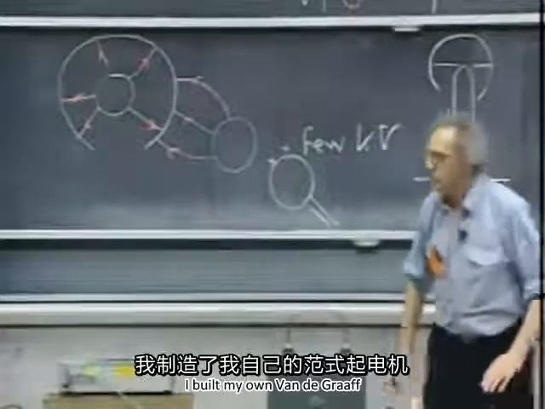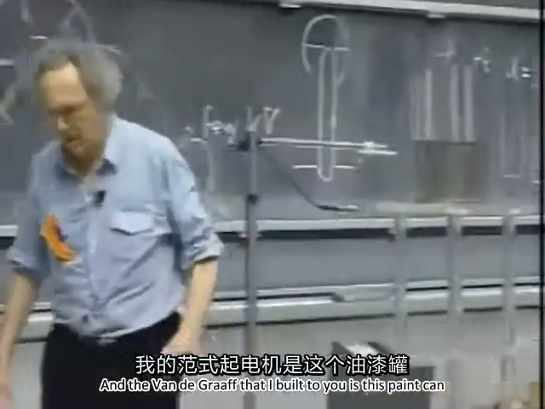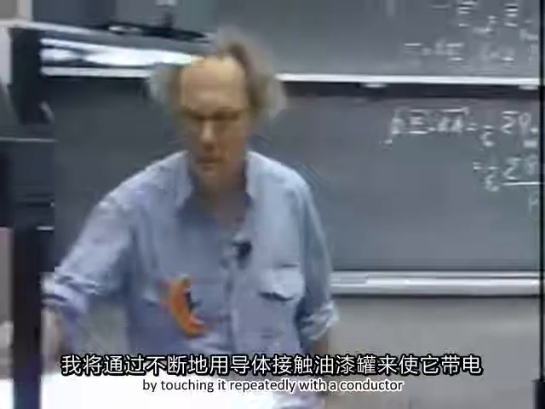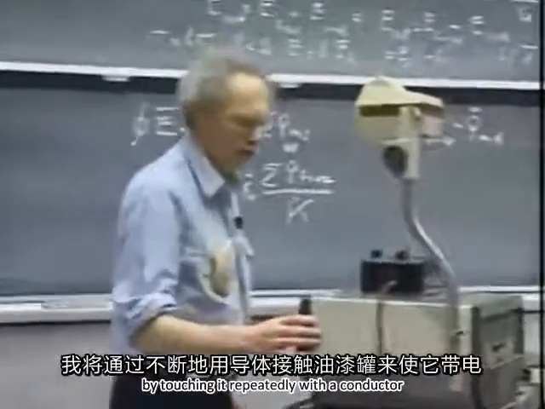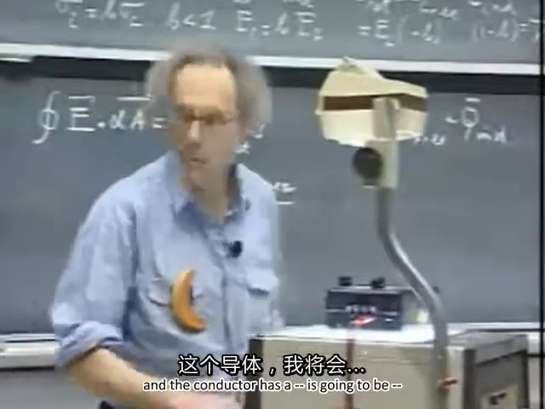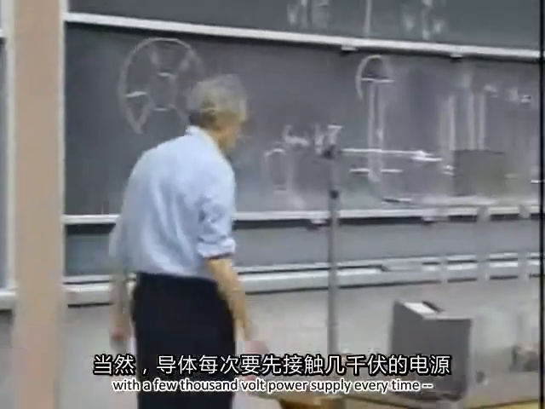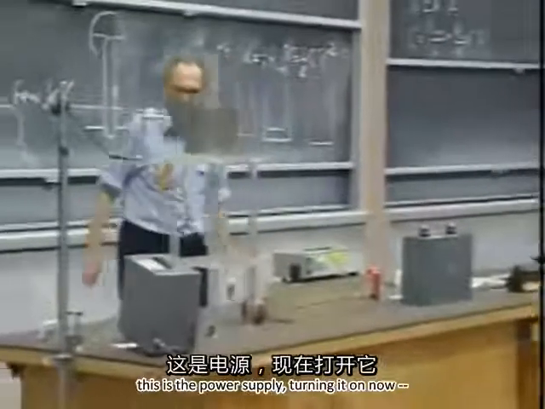I built my own Van de Graaff, and the Van de Graaff that I built for you is this paint can. I'm going to charge that paint can by touching it repeatedly with a conductor, and I'm going to touch the conductor with a few thousand volt power supply every time. This is the power supply. Turning it on now.